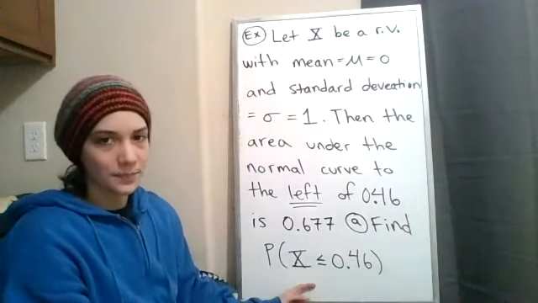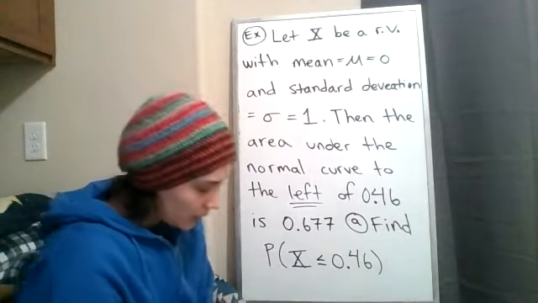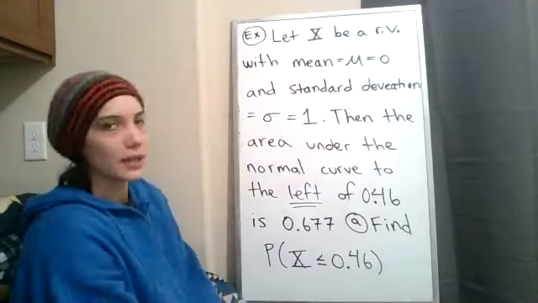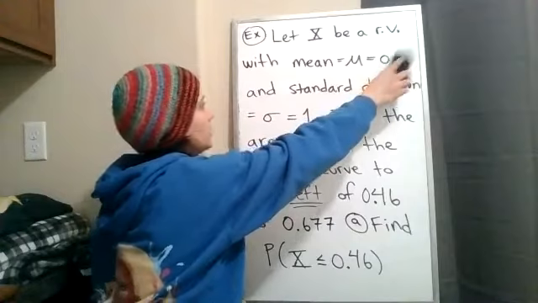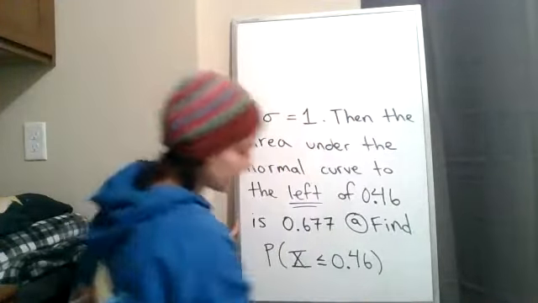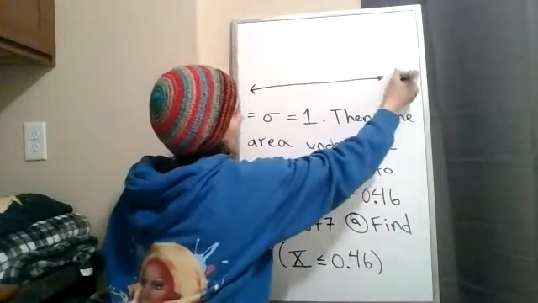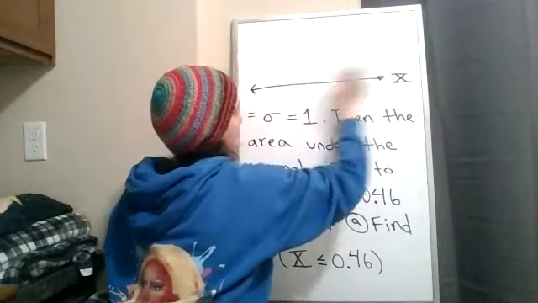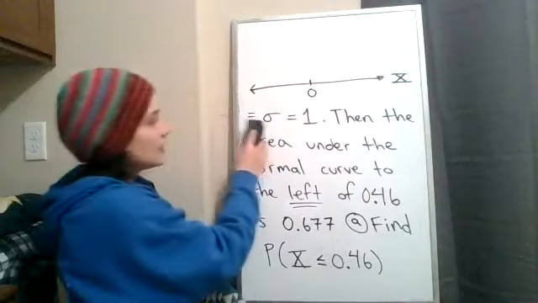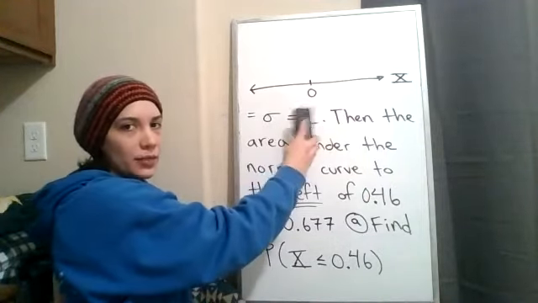Starting with this, I like to draw the picture. So we have some number line for x, and the distribution is centered at 0. Standard deviation of 1, so an inflection point at -1 and +1.